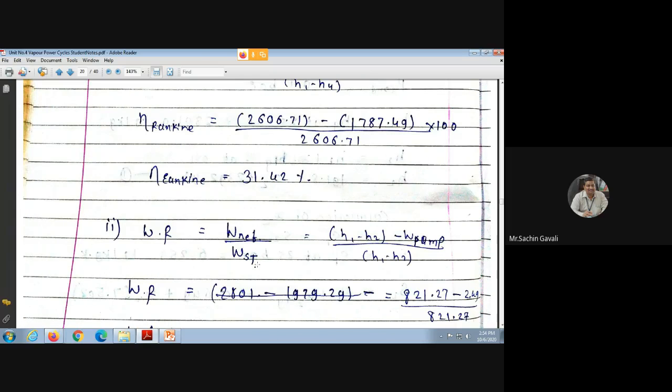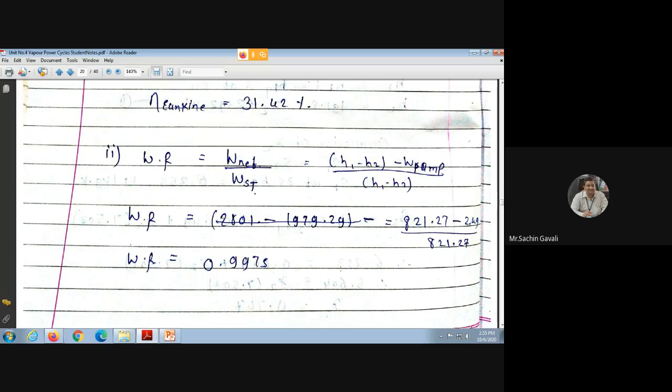Work ratio. W net means H1 minus H2 minus W pump, divided by H1 minus H2, and it is coming as 0.99. So group or promote this previous numerical.